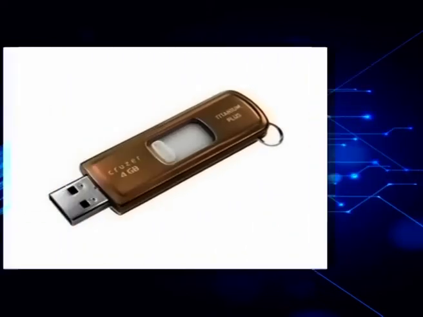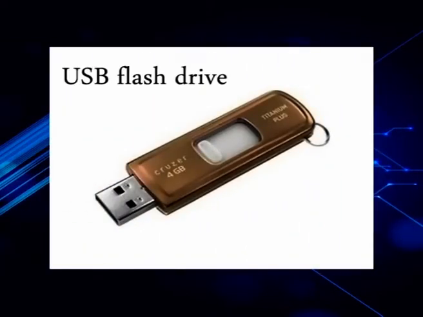Then we have a flash drive. The USB flash drive is an input and an output device. It is used mainly as a storage device to transport data from one computer to another. Back in the old days, when you wanted to copy some files from one computer to another, you used a floppy disk. But floppies don't hold much data and became obsolete after recordable CDs became common.